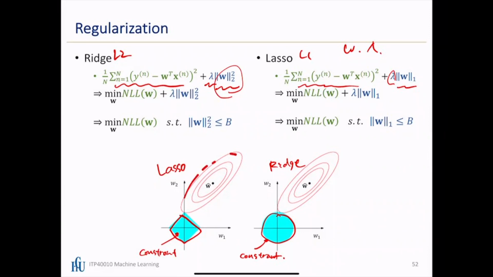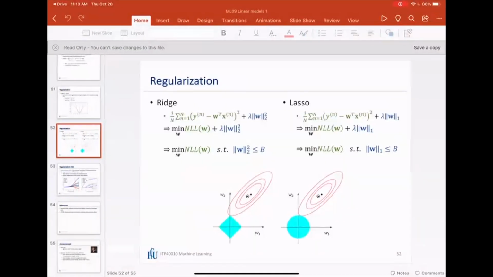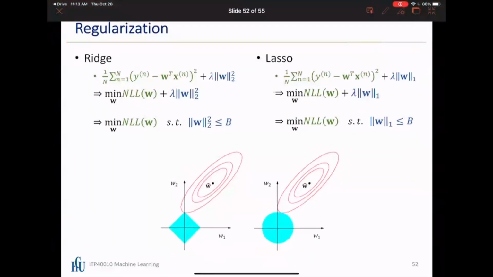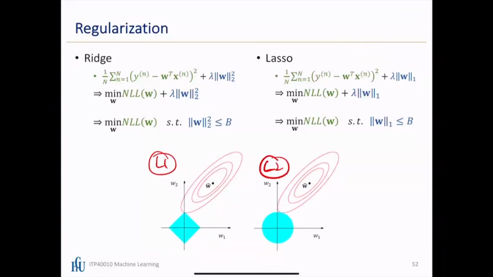with this constraint area. For Ridge, things are circular, so the distance from W to any of these points, they couldn't meet anywhere in the middle. But for Lasso, things are angular like this, so the chance of meeting this contour with your constraint space is at one of those axes. This diagram is showing that. Again, this is Lasso, this is Ridge.